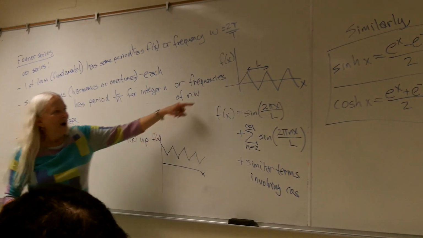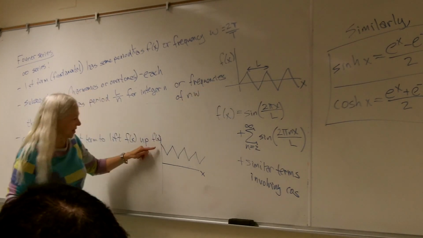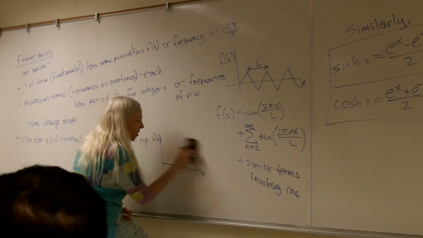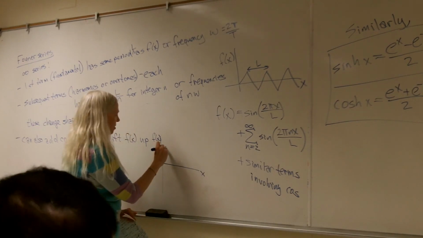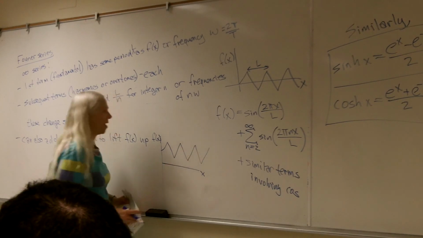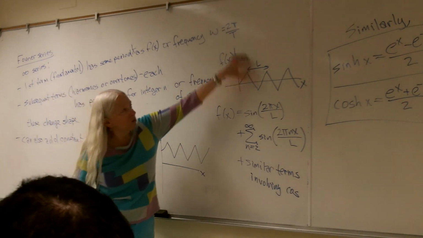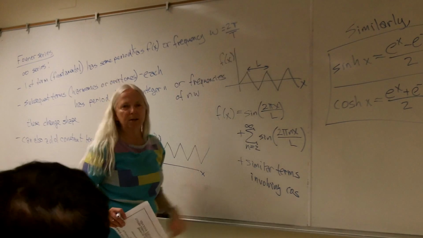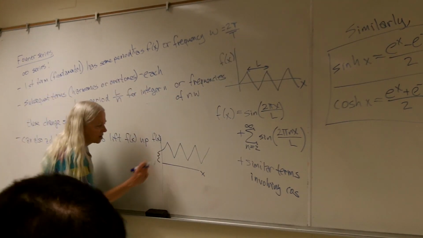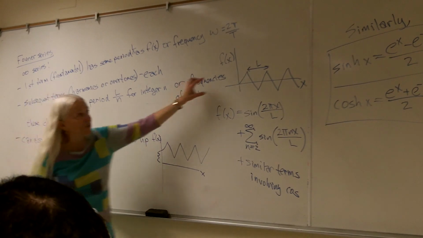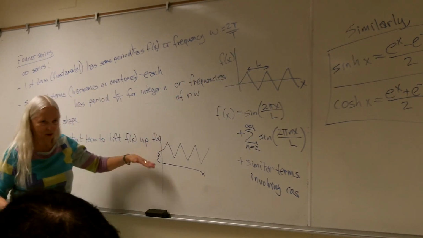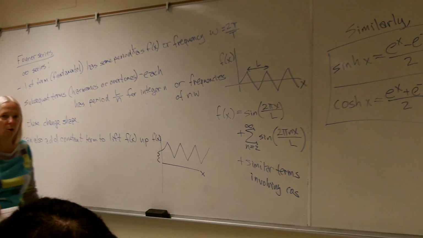This one started at 0. I should have started it like that to look, in other words, take this one and just raise the whole thing up by a certain amount. So whatever this constant is right here, if I have the Fourier series for this one, I would simply have to add that constant to it to get the Fourier series for this one. That's going to just move the whole thing up.